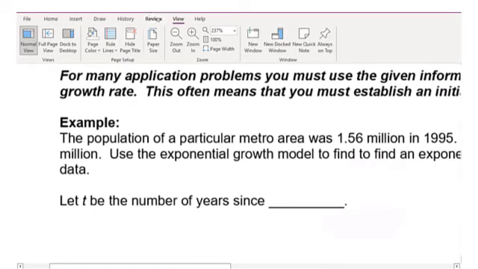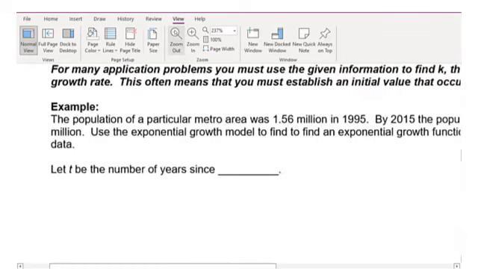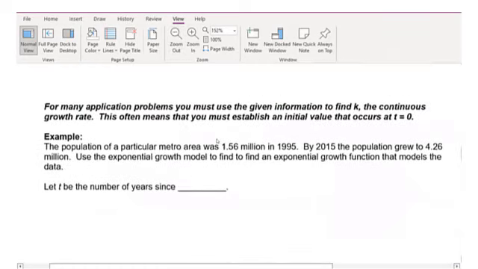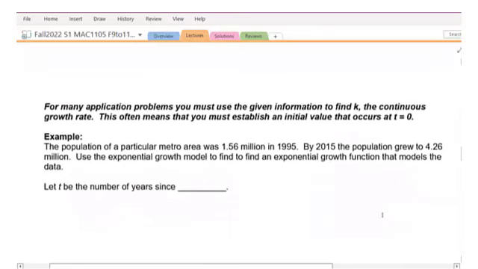So for many of the application problems that you're going to have to work in this section, you're going to have to find k in the formula. Remember the formula we're using? Let's write it. The more times you say it and write it, the better you'll remember it. A equals A sub 0 e to the kt. It's just like the PERT formula.